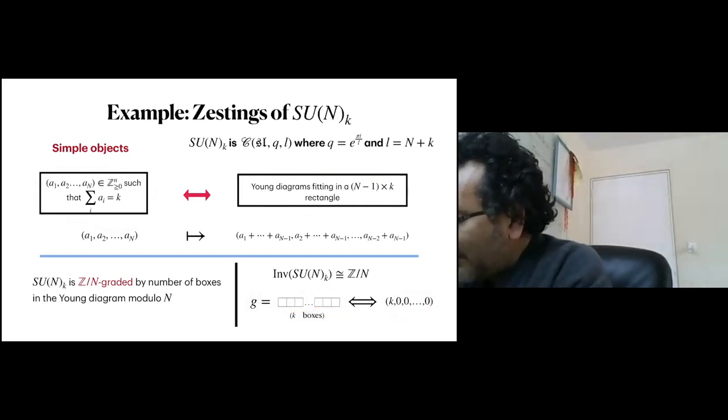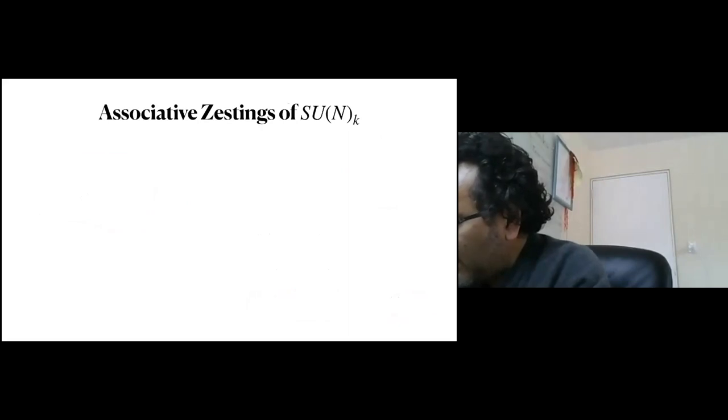So in principle, we can do associative Zesting for SU(N) level K. And this is one of the things that we did in our paper.